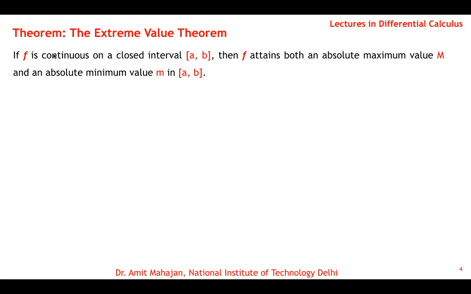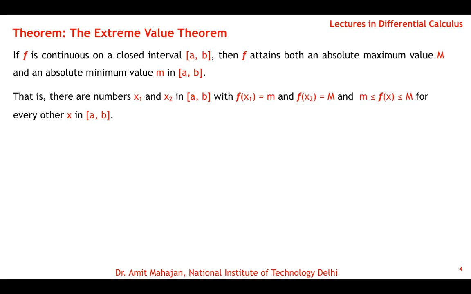Mathematically, there are numbers x1 and x2 in the interval [a, b] such that f(x1) is the absolute minimum value m, and f(x2) is the absolute maximum value M, and the function for all other x lies between this minimum and maximum.